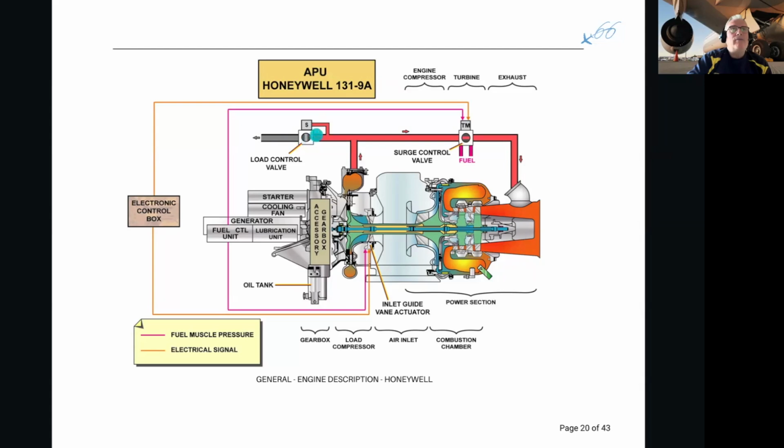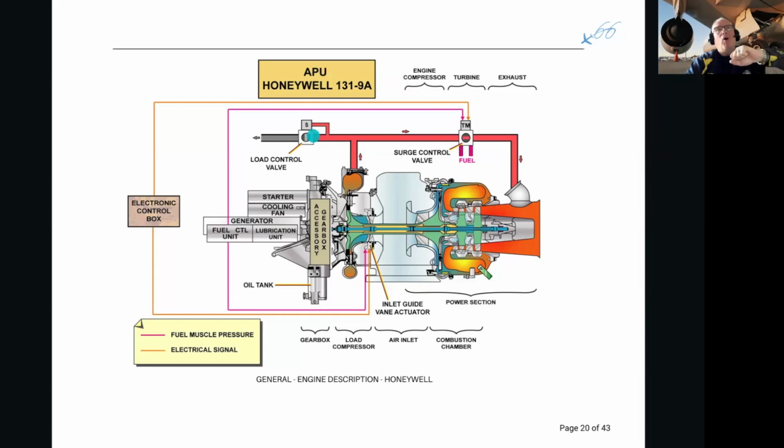This load control valve is set at 30 psi because it's commanded through the electronic control box, which is a FADEC, to provide its logic: you have to provide 28 psi in the cabin until you're going to start the engines.